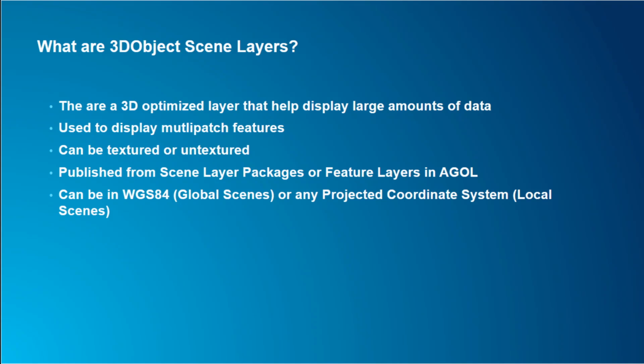In this case, for the 3D object scene layers, we're starting off with multi-patch features. And those can be created in Pro, like I mentioned earlier, or ArcMap, and even exported out of City Engine. They can be textured or untextured. In this case, I'm just going to be using untextured buildings, but the textured ones could actually be styled to look like realistic buildings.